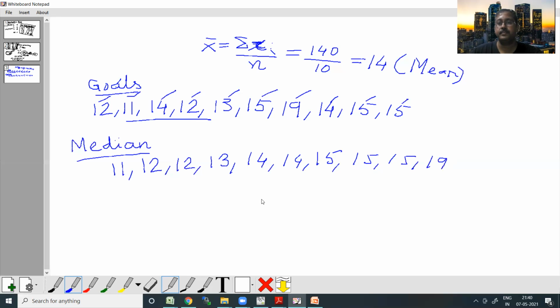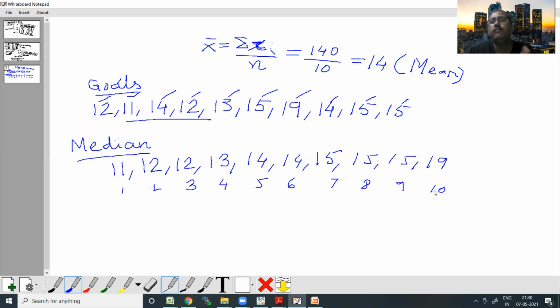Now, this is the first value, this is the second value, then we have the third value, fourth value, fifth value, sixth value, seventh value, eighth value, ninth value, and the 10th value. So what is the middlemost value?